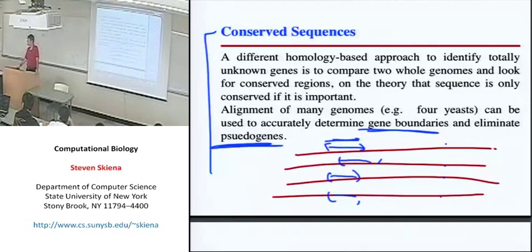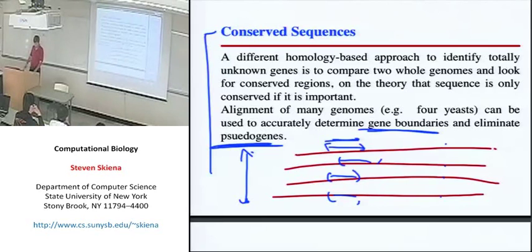How similar do these organisms have to be? What you would like is that they're similar enough that you can recognize when something is the same, but different enough that you can recognize the difference between something that should be conserved and something that is not conserved, right?